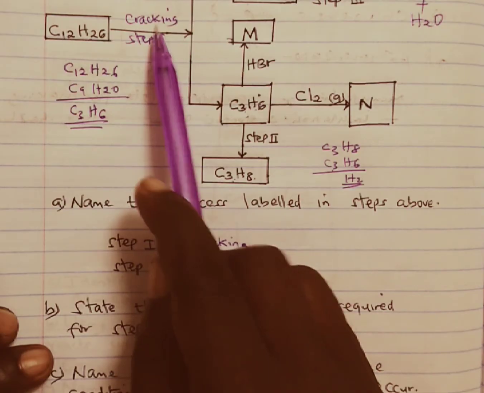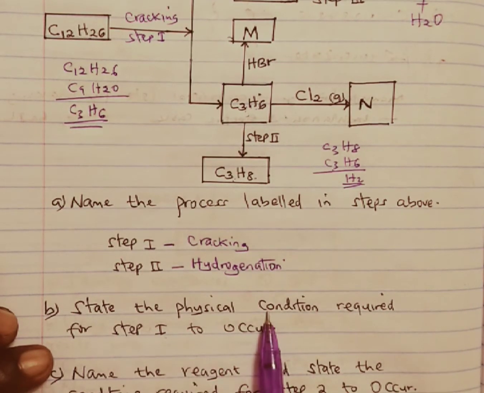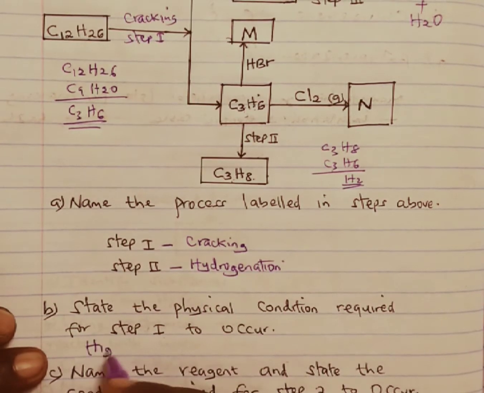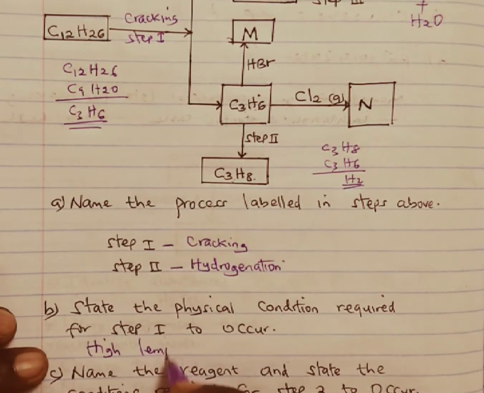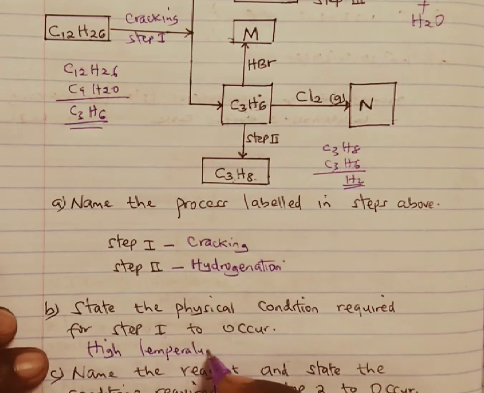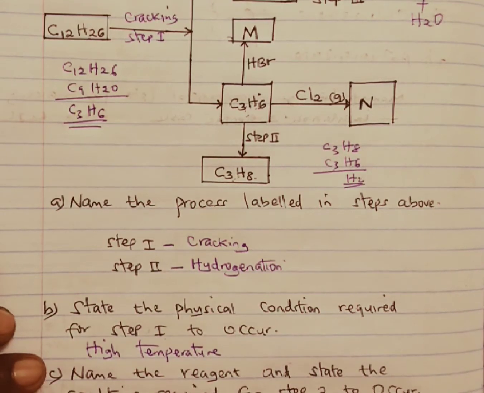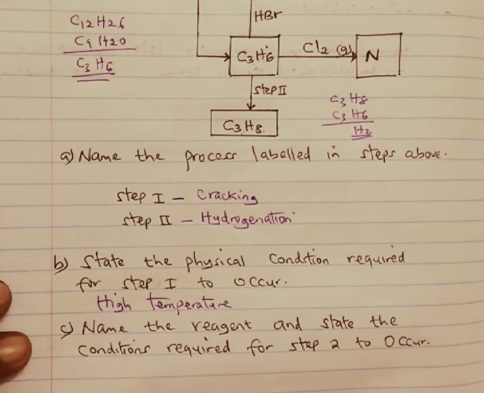But now heat is what we call the physical condition, and in this case you need high temperatures of between 400 degrees Celsius to 700. So the physical condition here is high temperature, which is of course ranging from around 400 to a temperature of around 700 degrees Celsius.